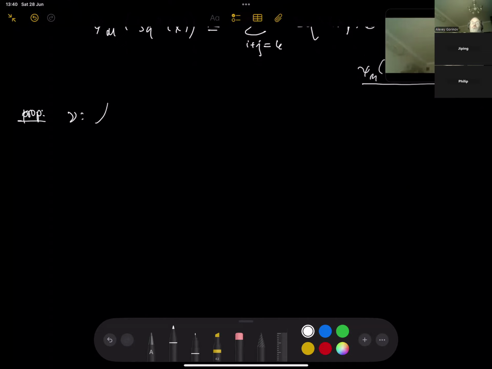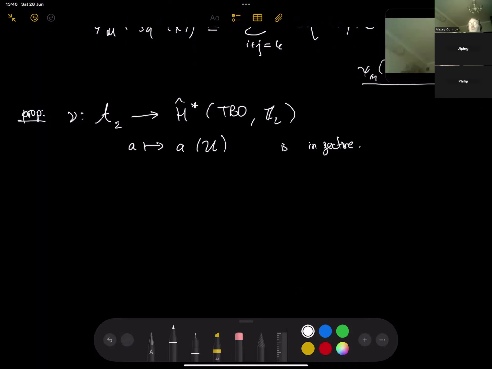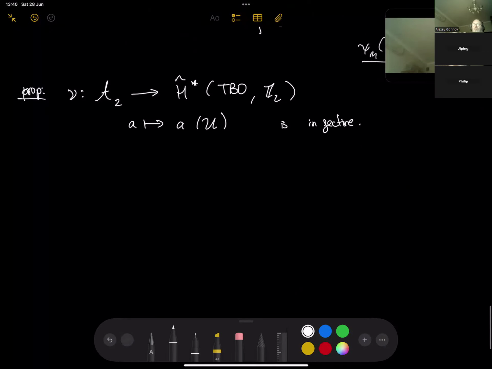The map given by A to A. Well, A2 splits as a direct sum of graded pieces of dimension k.